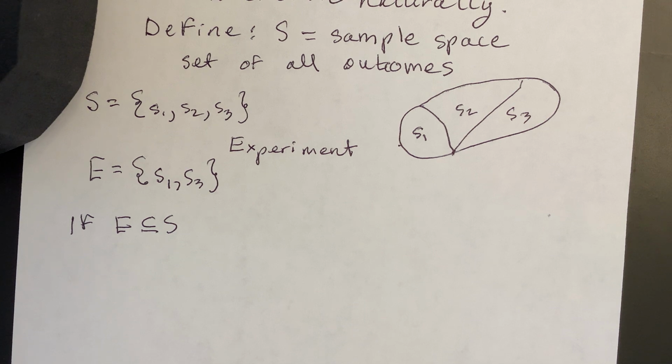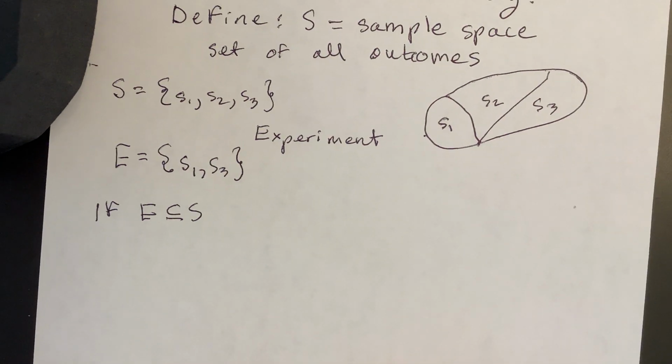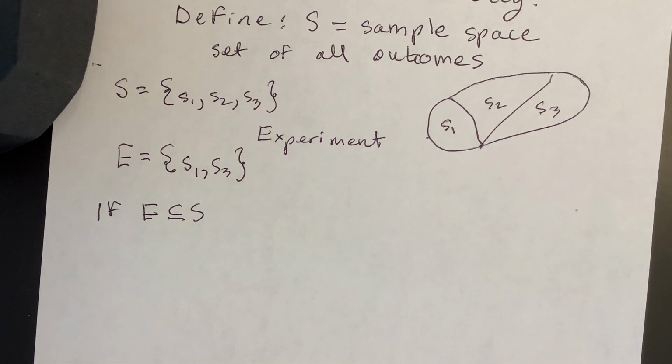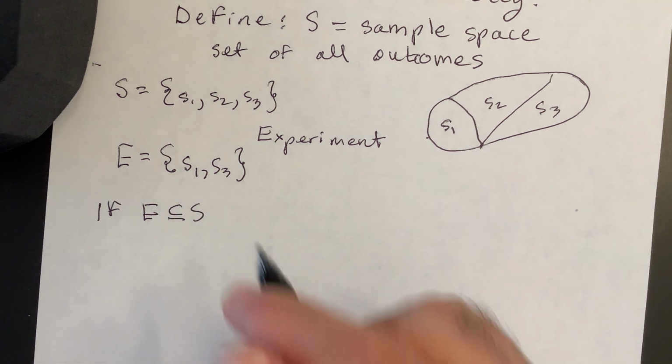You'll see several examples in a second. And then S is the set of all of them. That's all. So straightforward so far. E is, in this example, S1, S3. So this is an example here.